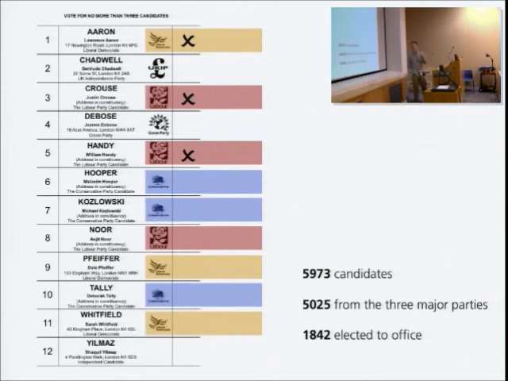To jump to the conclusions of what I found out, there are about 20 elected people in your local government who are there because they were close to the top of the list. If they weren't close to the bottom, they would not have been elected. But let me show you how I arrived at that conclusion.